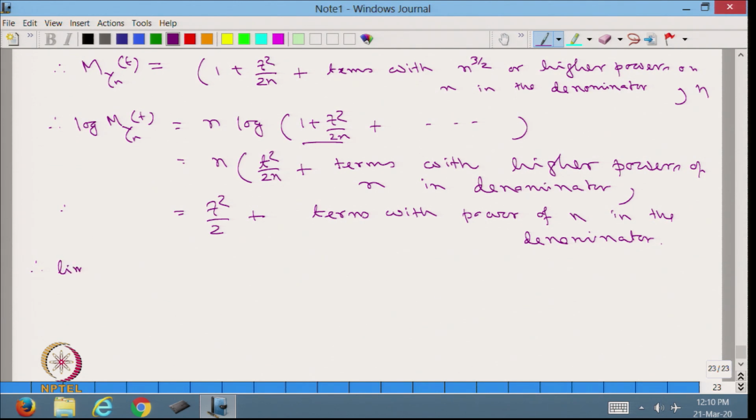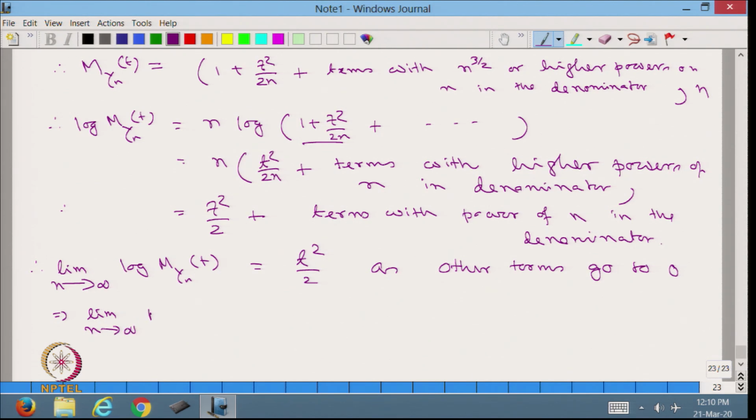Therefore, limit n going to infinity of log of m y n at t is equal to t square upon 2, as other terms go to 0, which implies limit n going to infinity m y n at t is equal to e to the power t square by 2, which is the MGF of standard normal 0, 1.